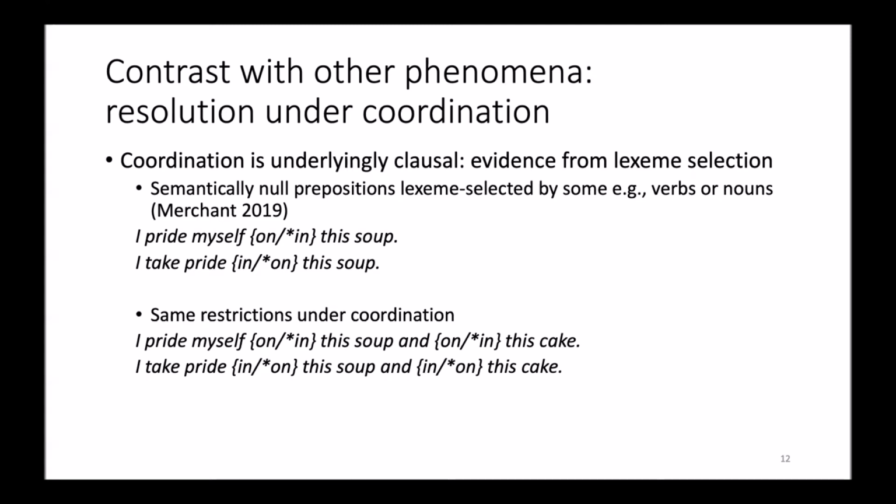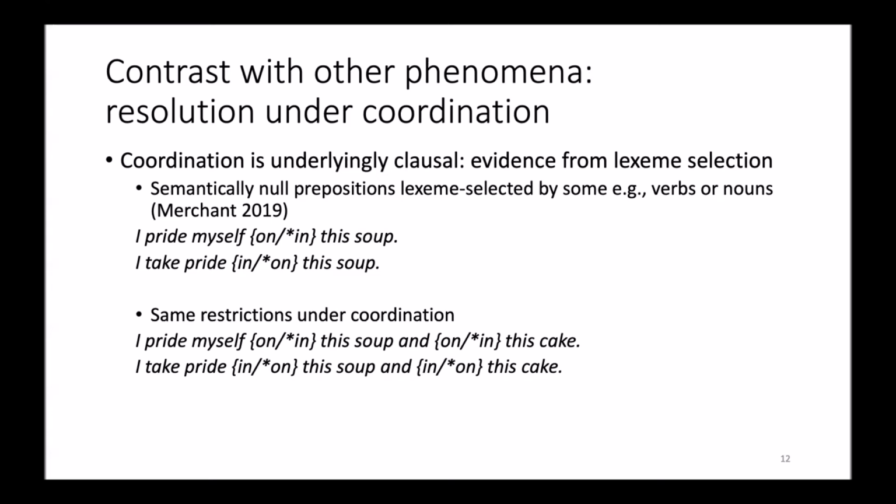So for example, in the sentence, I pride myself, you have to say on this soup, you cannot say in this soup. But in a related frame, I take pride, you have to say in this soup and not on this soup. And what we observe is that the same kind of restrictions on the selection of preposition hold under coordination.